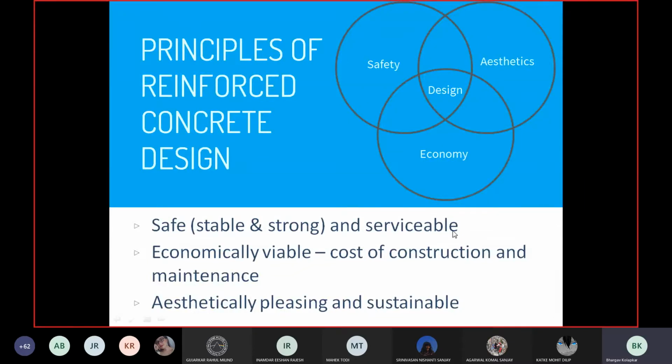The next thing is that it should be serviceable. Safety is fine, but the structure has to be serviceable. It should be used by its occupants comfortably. In addition to this, the structure should be economically viable in terms of its cost of construction and maintenance.